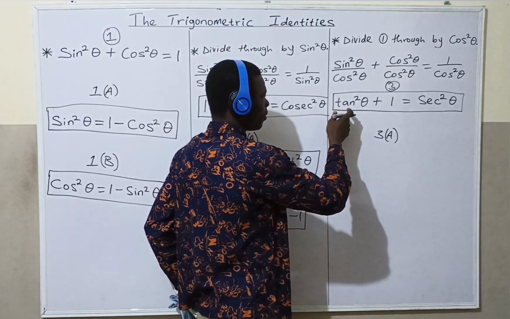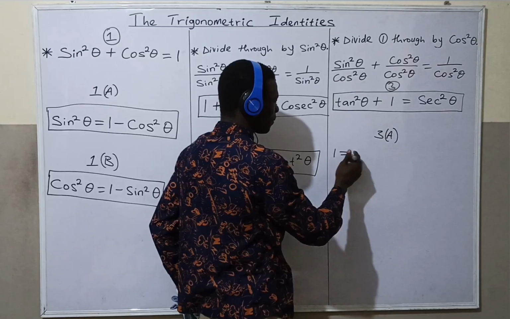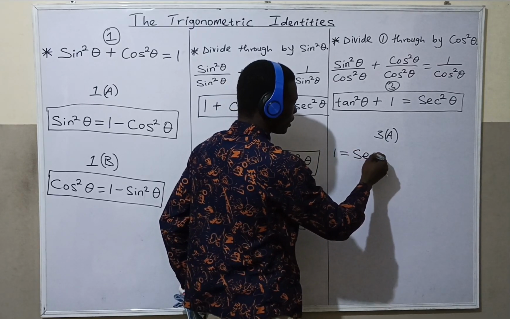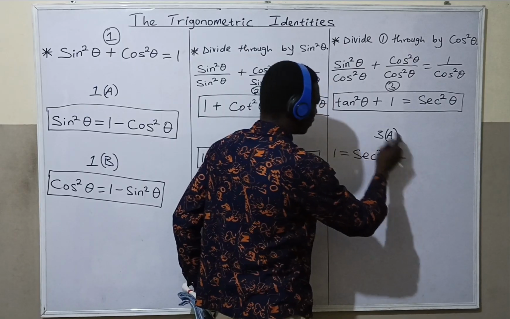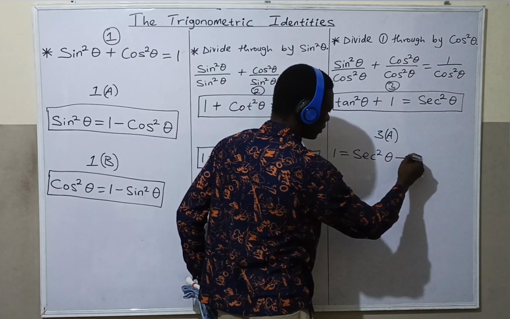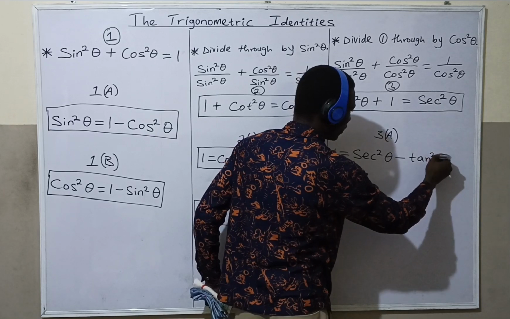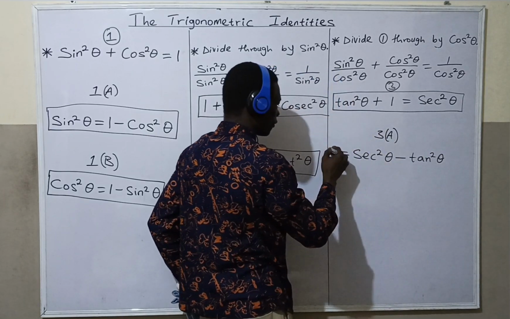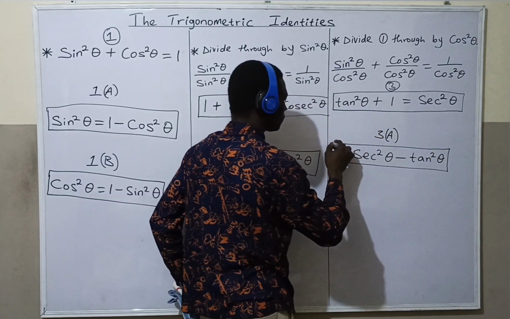So if you make 1 the subject of the identity here, you'll be having 1 on the left hand side becoming sec² theta minus tan² theta crosses to go and make that become minus tan² theta. And of course, this is identity number 3a.